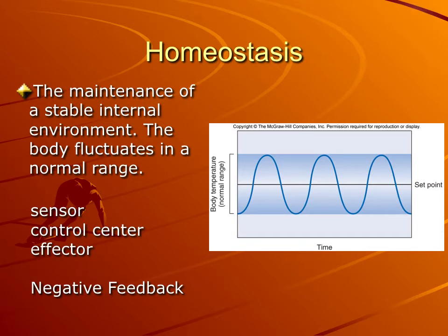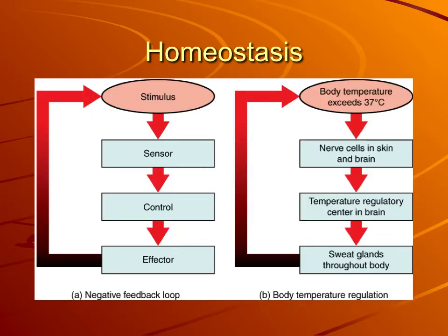Okay, we have control systems that help us, and for the most part, these are negative feedback systems. They contain a sensor, a control center, and an effector. How does homeostasis work? Well, anything that changes body temperature away from that normal range is detected by a sensor.